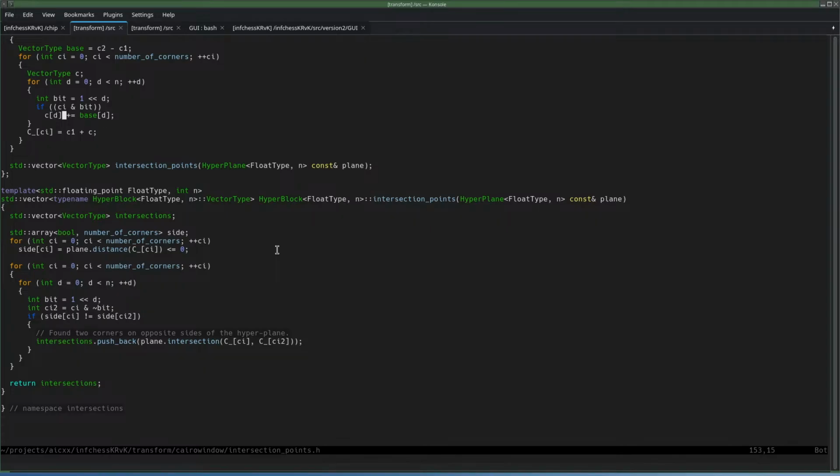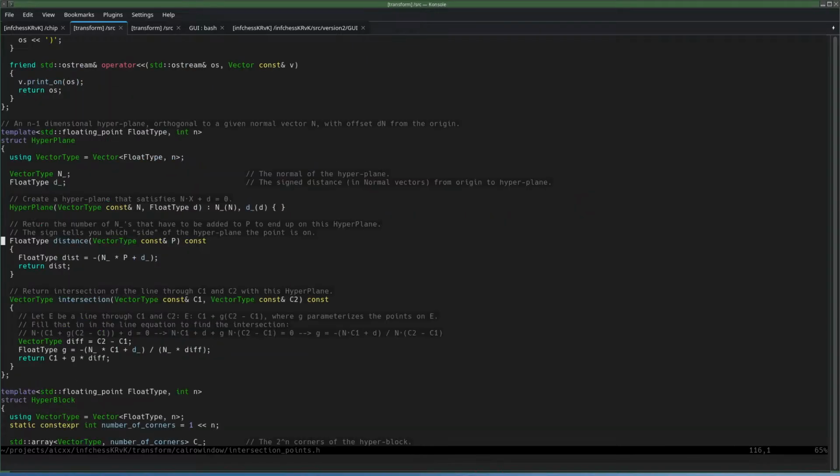I thought the comment literally says somewhere that it is in terms of the normal vector, so distance, return the number of normal vectors that have to be added to P to end up on this hyperplane. Oh, this is the other way around. The sign tells you which side of the hyperplane the point is on.